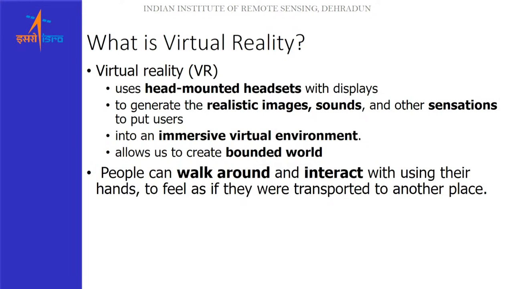To interact with it and to view it, we can use different human computer interfaces. That includes head-mounted displays, or Oculus, which is generally used for seeing 3D scenes, also using mobile phones and so on.